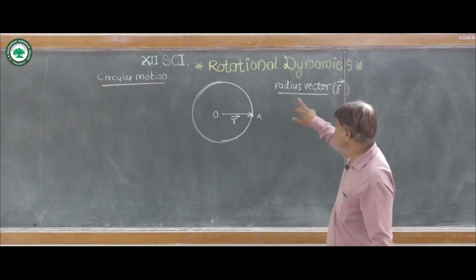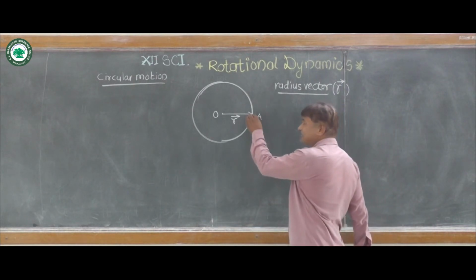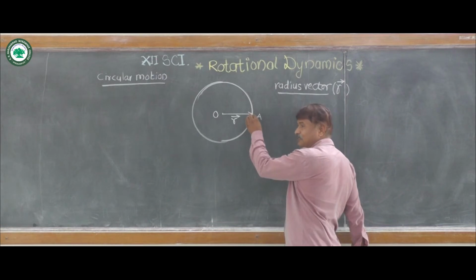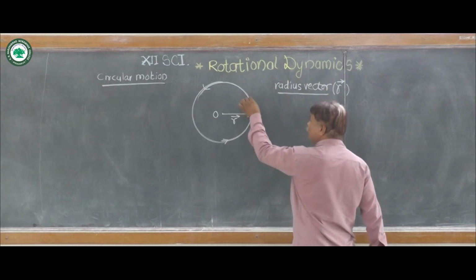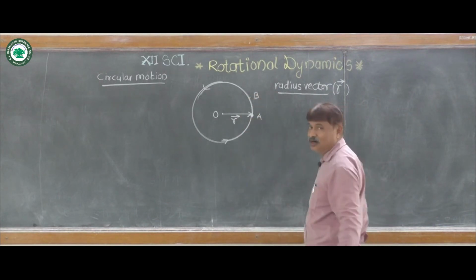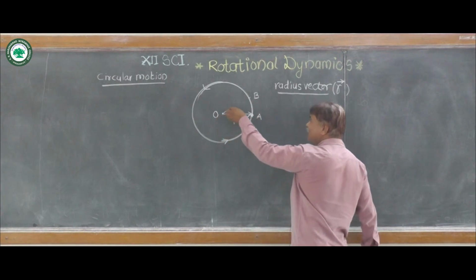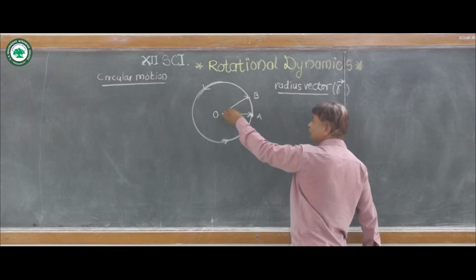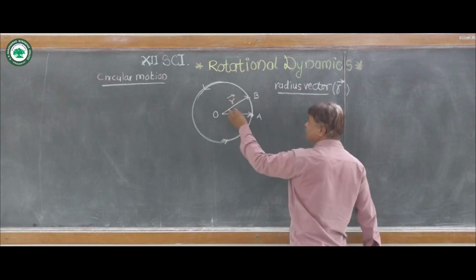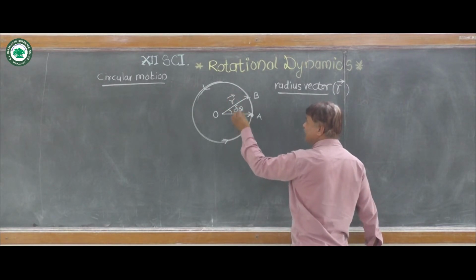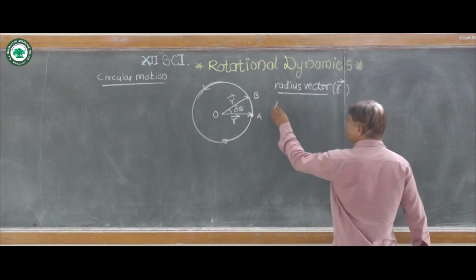Now initially the particle is at position A, and in anti-clockwise sense after some time the particle moves from A to B. The distance is small, like an arc, and there is a smaller angle between OA and OB. This smaller angle is called angular displacement.